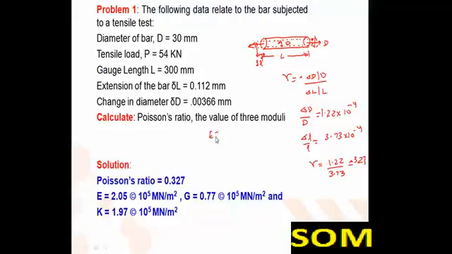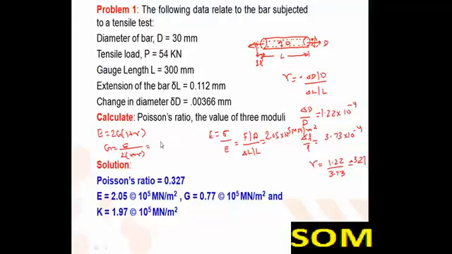Now E is stress per unit strain. Stress is force per unit area. Strain is delta L per unit length. This comes out to be 2.05 into 10 to the 5 meganewton per meter square. As we know, E equal to 2G(1 plus nu), so G is E by 2(1 plus nu).